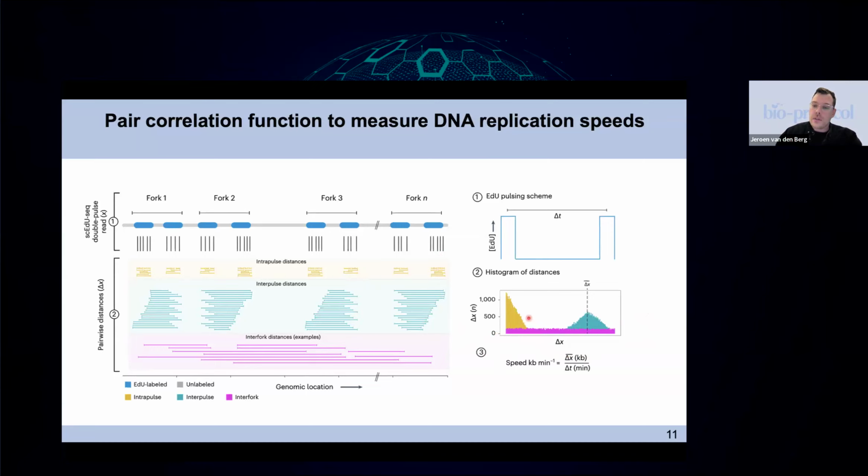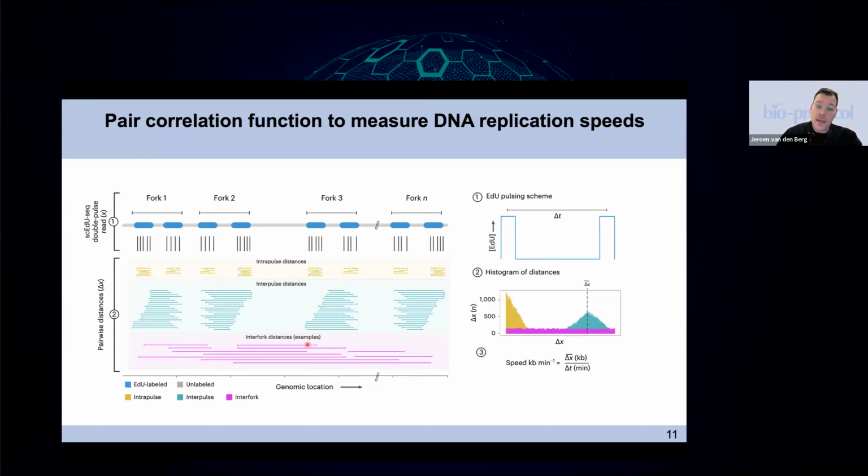So these yellow reads, which would be within one of these pulses, would be distributed as an exponential decreasing very rapidly, because they only label reads within one of these pulses. Then you would have a lot of these distances that are interfork long-range distances, which we assumed would form a uniform background. And of course, we get our cyan distances, which is what it's all about, right?